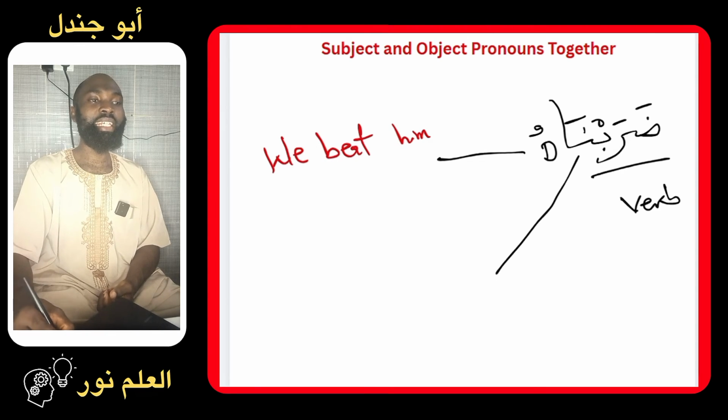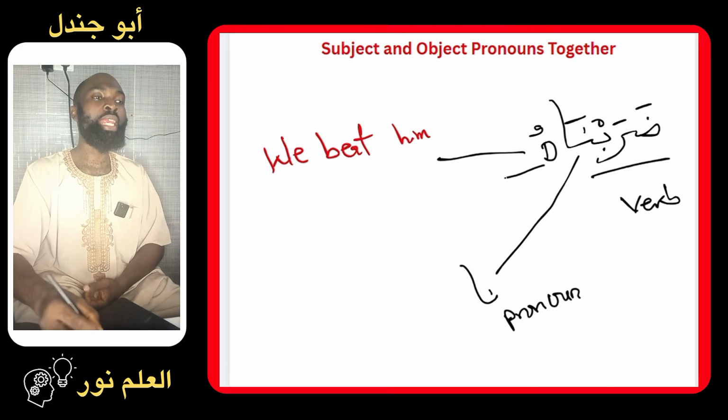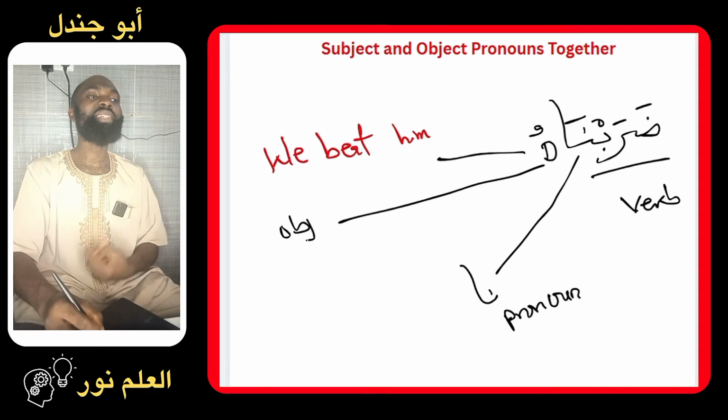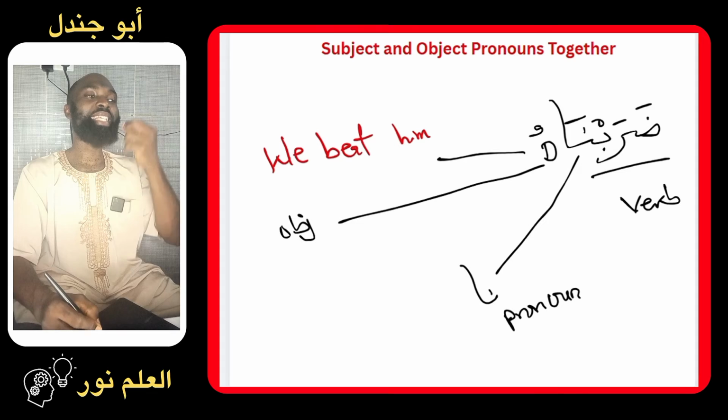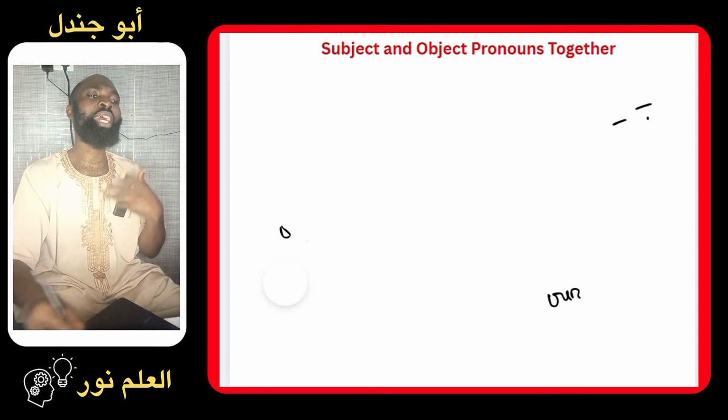Then na is the pronoun of the subject, because that means we. Dorobna, we beat. While hu here is the object pronoun, the receiver of the action. We beat him. So from here, you could form any other word to these patterns we have shown.